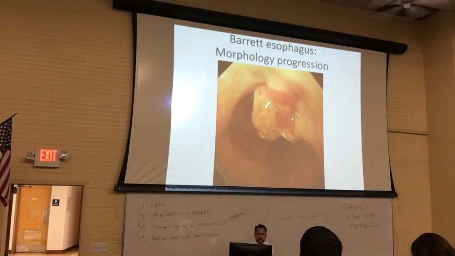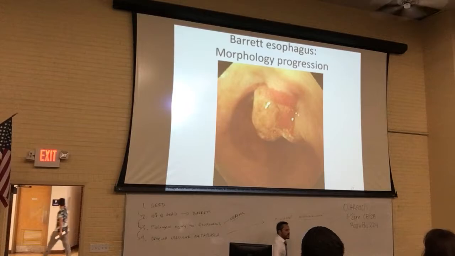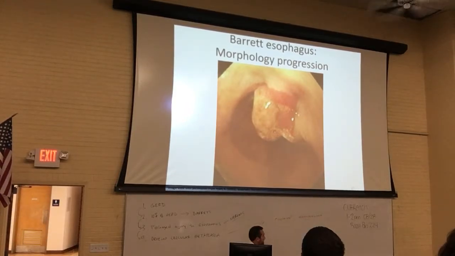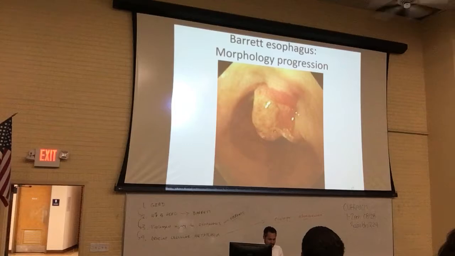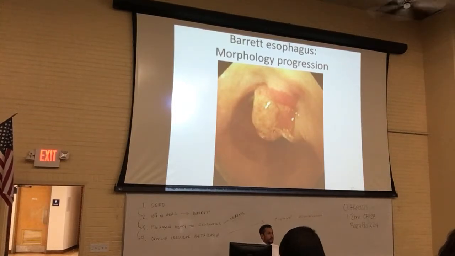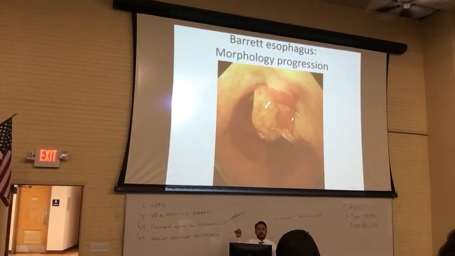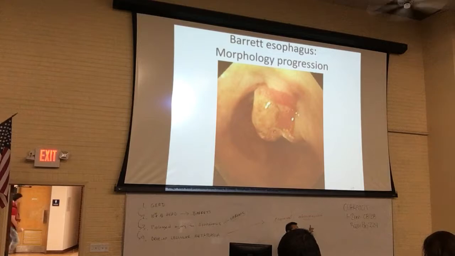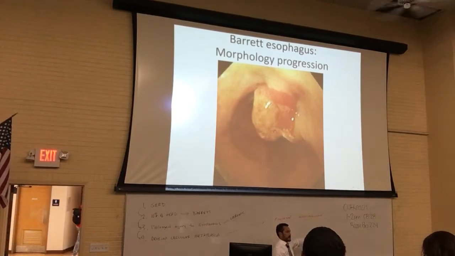So here is a more progressive lesion. This is an esophageal adenocarcinoma found within the esophagus. The morphology has progressed. This is a polypoid mass. They would come in and take a biopsy, look histologically at that tissue, and determine that it's an adenocarcinoma. So you have throat cancer, and that's the diagnosis.